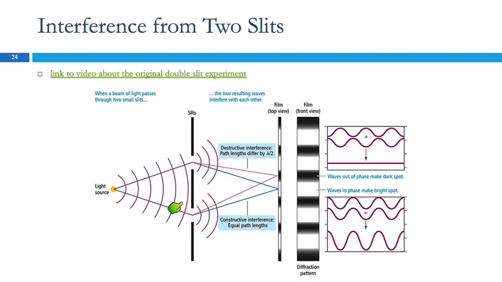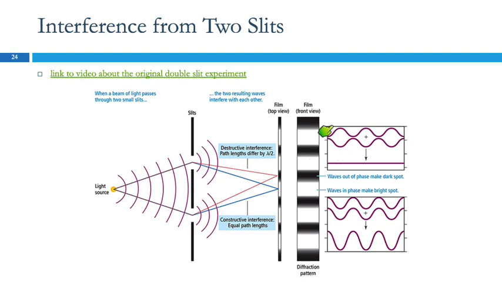They're going to hit at the same time. And when they hit that slit, they diffract and they bend, right? So now it kind of looks like we have two new sources of waves because they're bending out from these slits. As these waves continue, they're going to interact with each other.